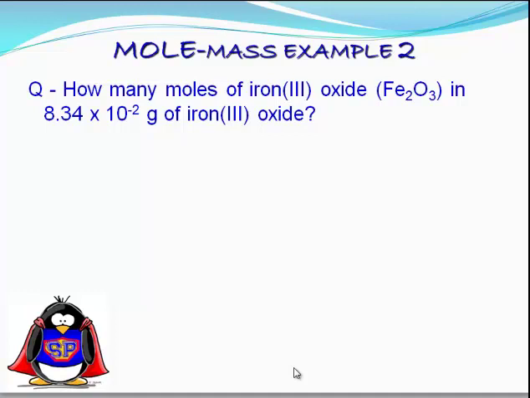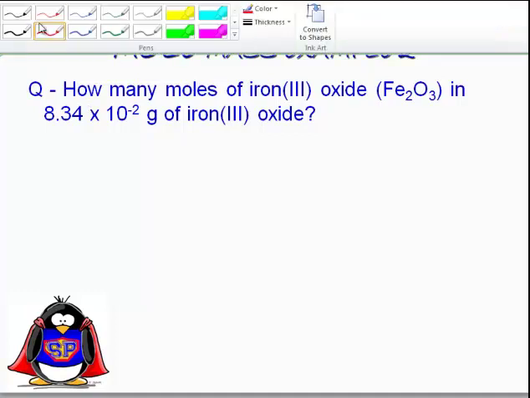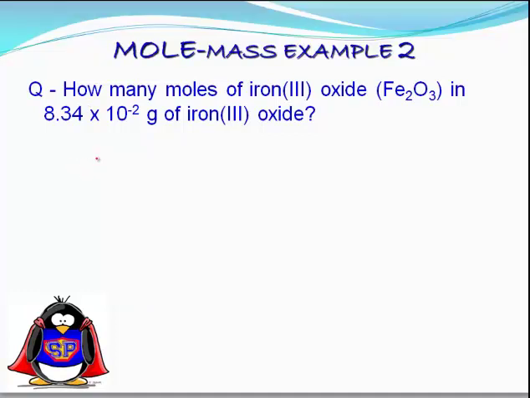How many moles of iron 3 oxide, and the formula is right there, in 8.34 times 10 to the negative 2 grams of iron 3 oxide? So iron 3 oxide. And what you have here now is you need to immediately realize you need to know the molar mass of iron 3 oxide.